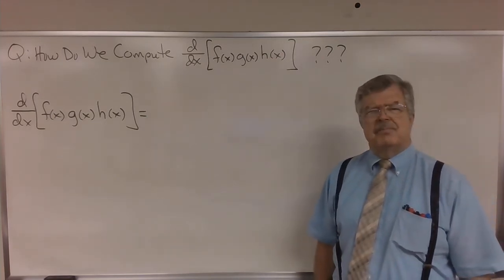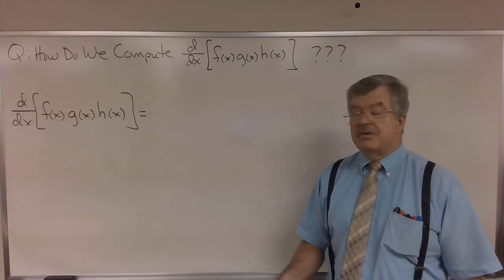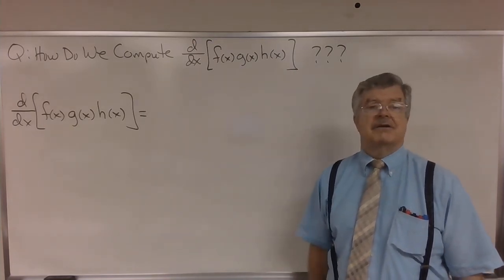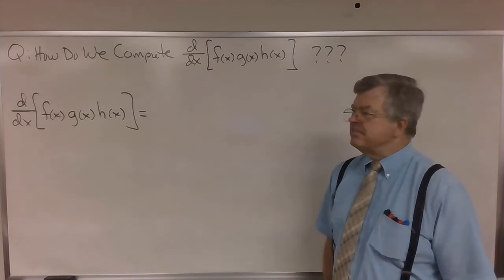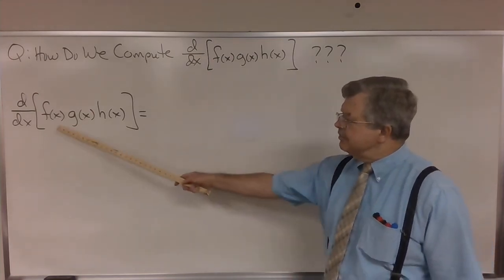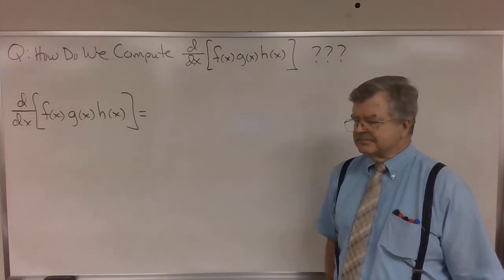Why is this so problematic? We've been computing the derivative of the product of two functions. So why should it be such a big deal to compute the derivative of the product of three functions?